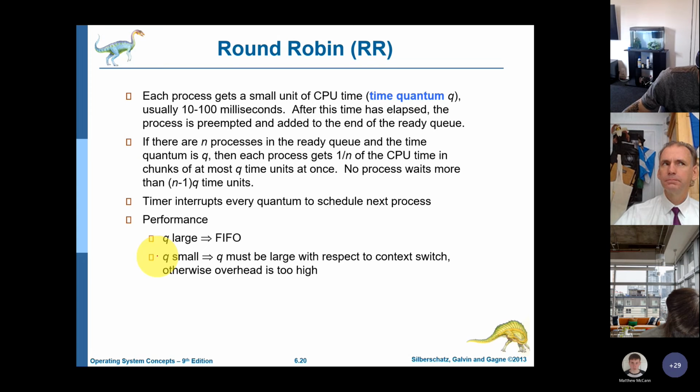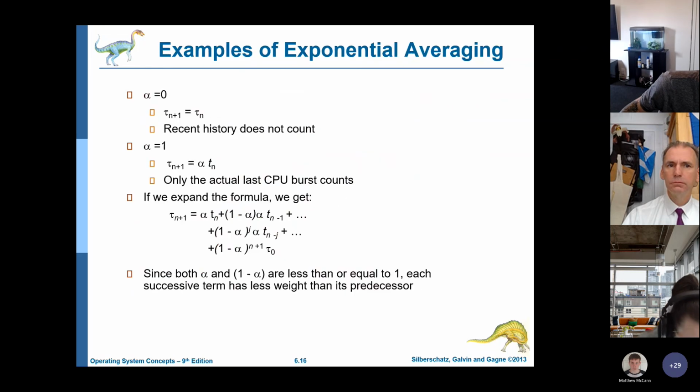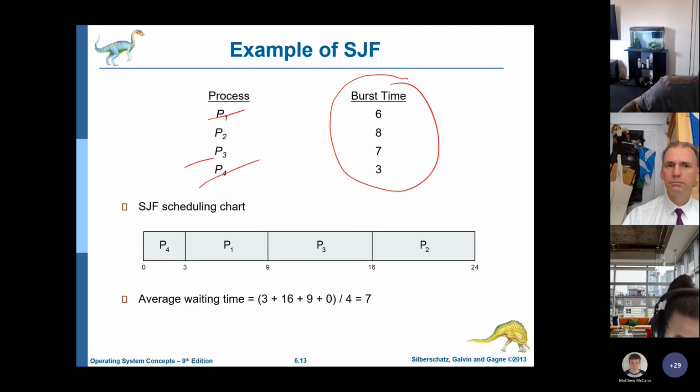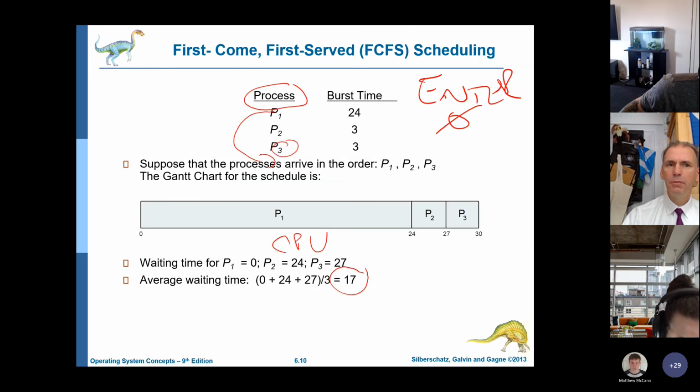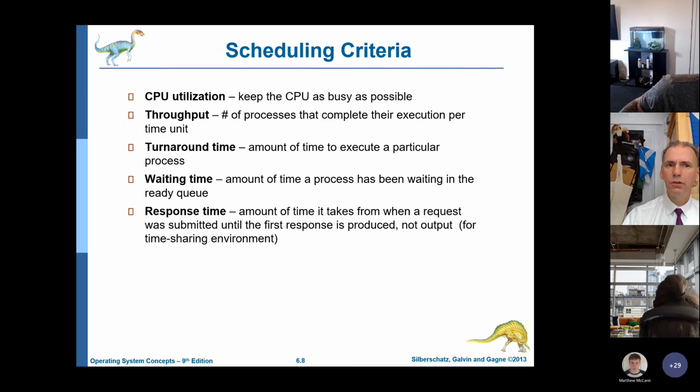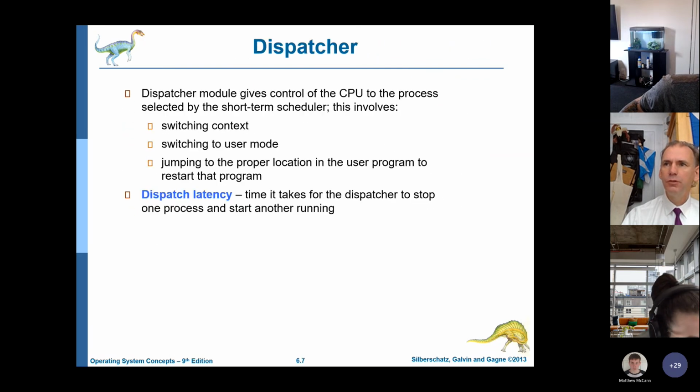Problem with that is when we go back to the stuff that we were talking about earlier with our dispatcher. Remember that we have to do stuff. Changing processes isn't without cost. So every time we change a process, it costs us time.